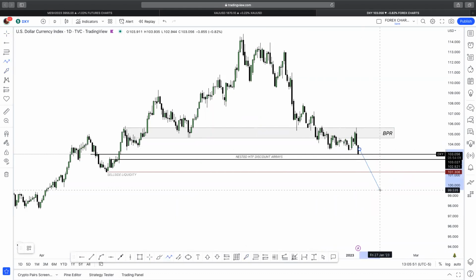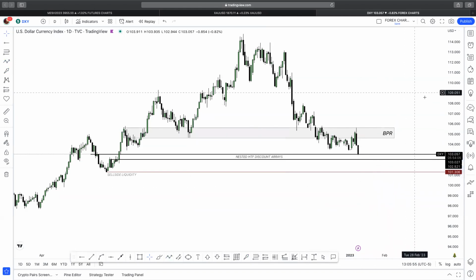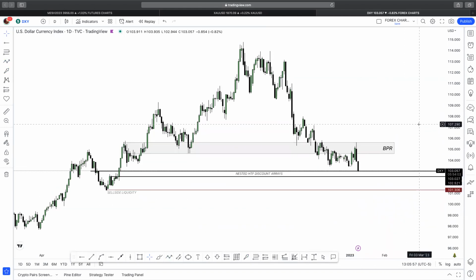We're expecting down movement. Easy. Okay. Not going to make it more complicated than that. Any questions? Next.